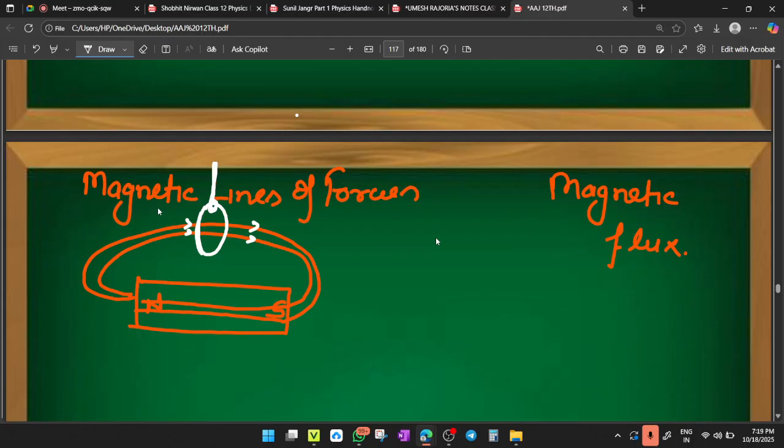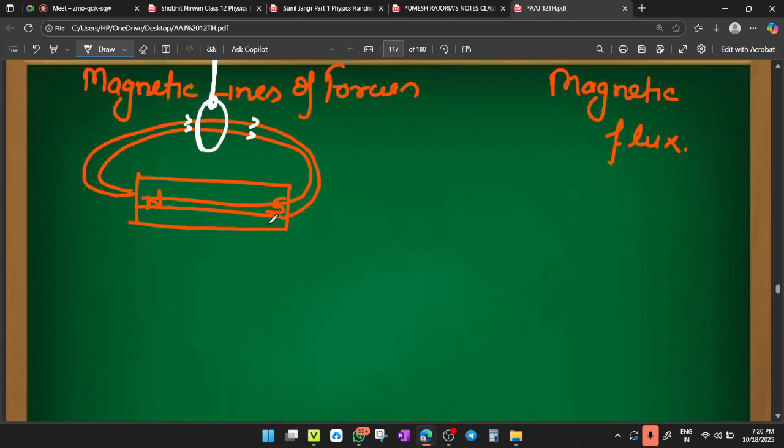Do all these lines contribute as flux? No. Only the lines of forces which are perpendicular to the surface. Only the number of lines of forces passing perpendicular to the surface. Like see here, this is our surface.